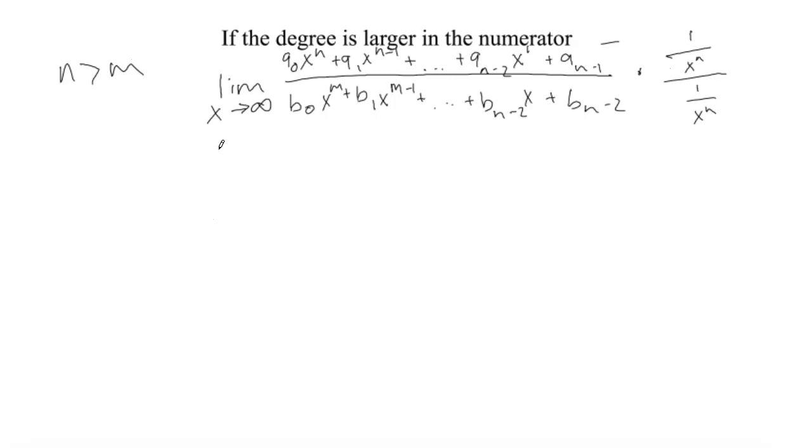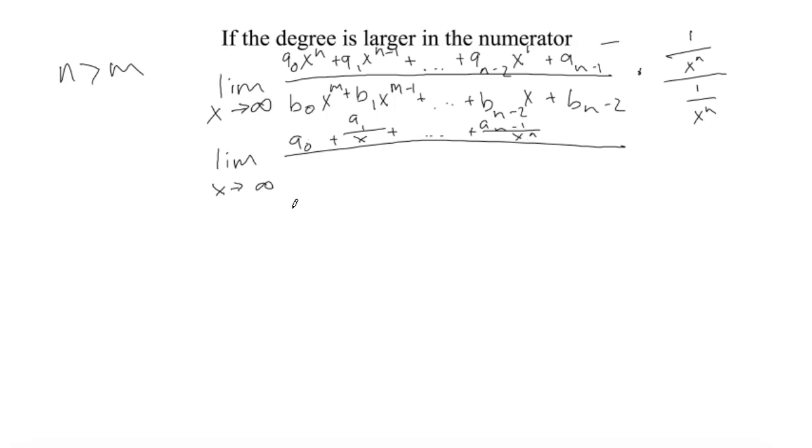So when we multiply all this, we get the limit as x tends to infinity of a sub 0 plus a sub 1 over x plus all the way until a sub n minus 1 over x to the n.